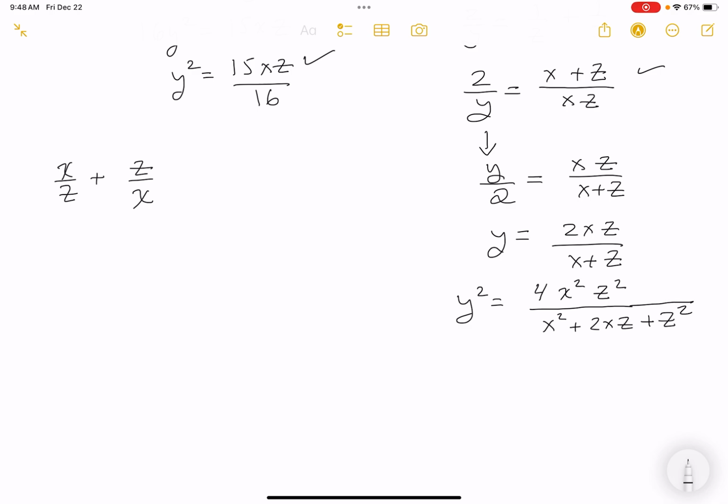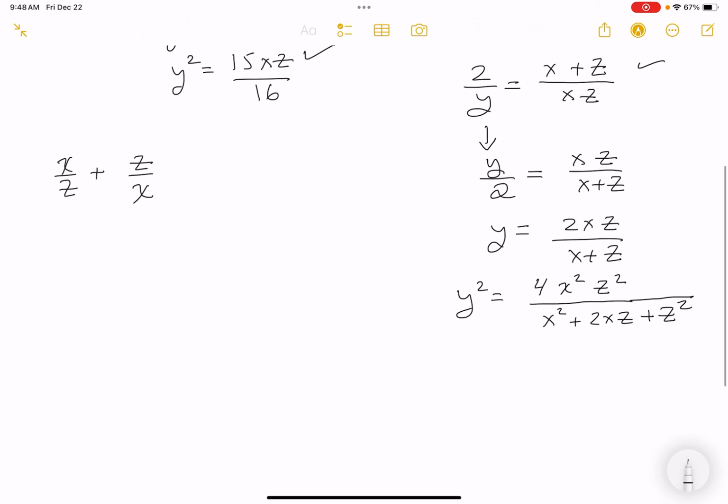Again, I'm still not seeing it, but I'm going to keep writing it down. So what's y squared equal to? 15xz over 16 is equal to, and this is a good direction to go in because really this has no y in it, and now I have no y in this either. Again, I'm still not seeing it.